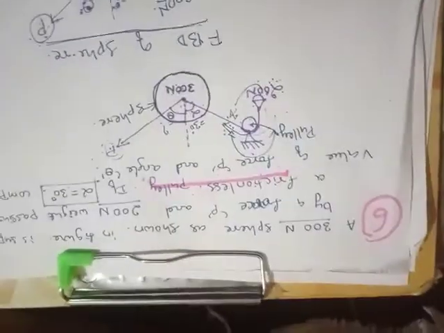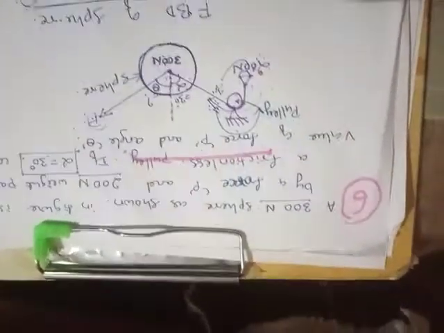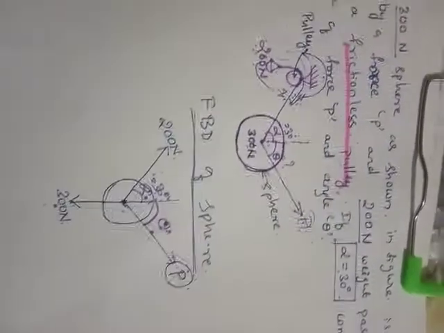The first step to solve this is to draw the free body diagram of the sphere. Now here is the free body diagram of the sphere. One is the weight of the sphere, 300 Newton, acting downward. And one is the tension from the pulley, that is 200 Newton.